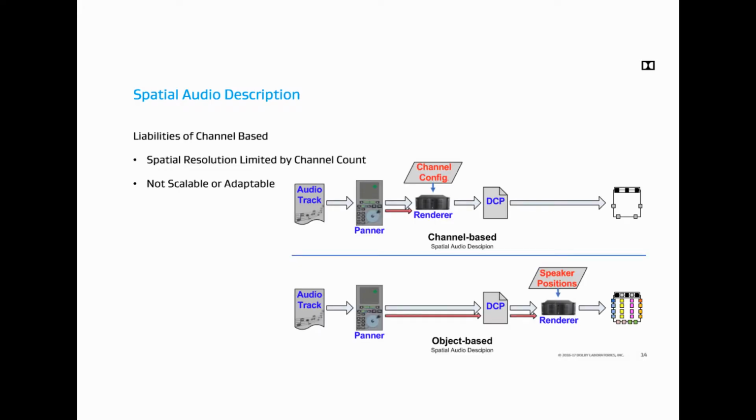So the main difference, the high level from a cinema point of view, is that essentially we're moving the mixing rendering part from, originally it's done at mix time, and then at the playback in an object-based format, we are rendering directly to the speaker positions.